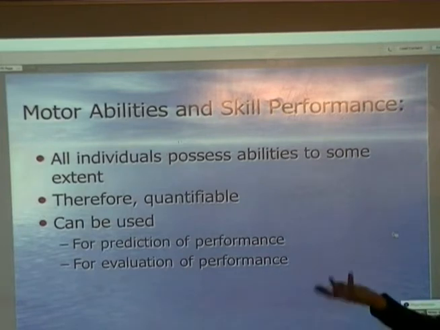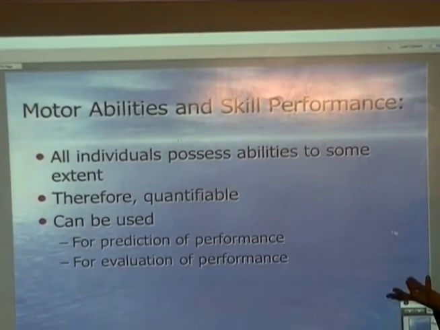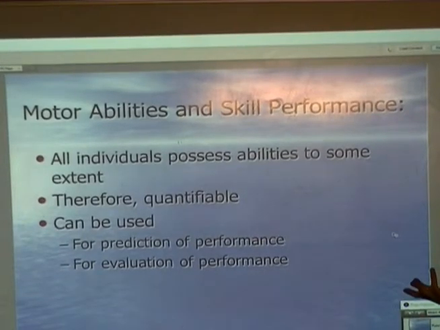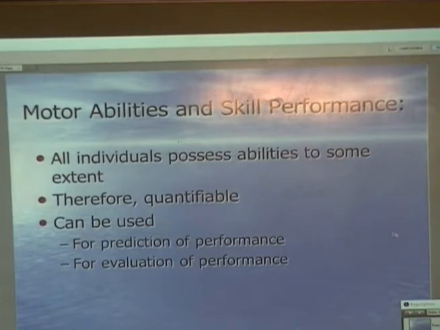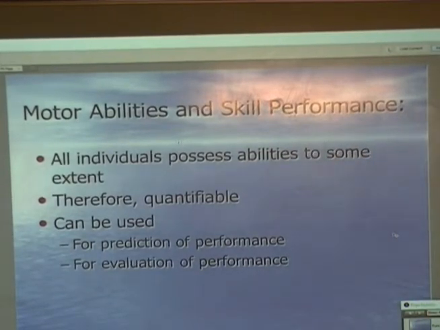Most of us have about middling, average amounts, which makes us average level movers. You guys, because you're so good at what you do, clearly have more of the motor abilities that make you good at your particular event.